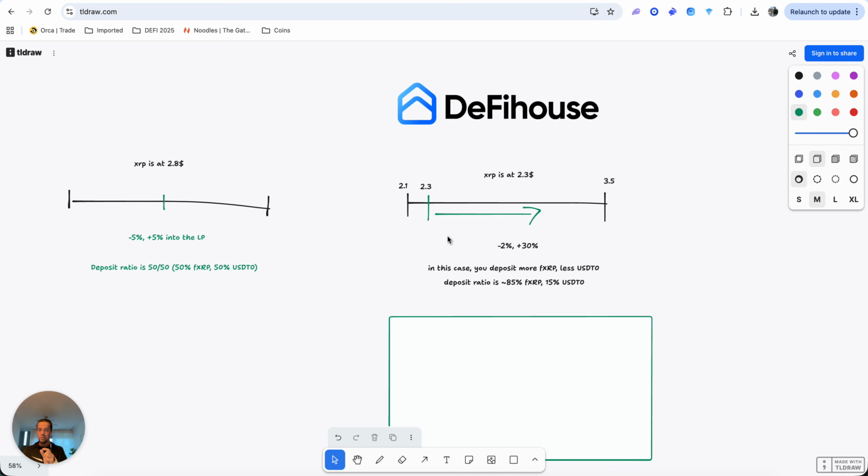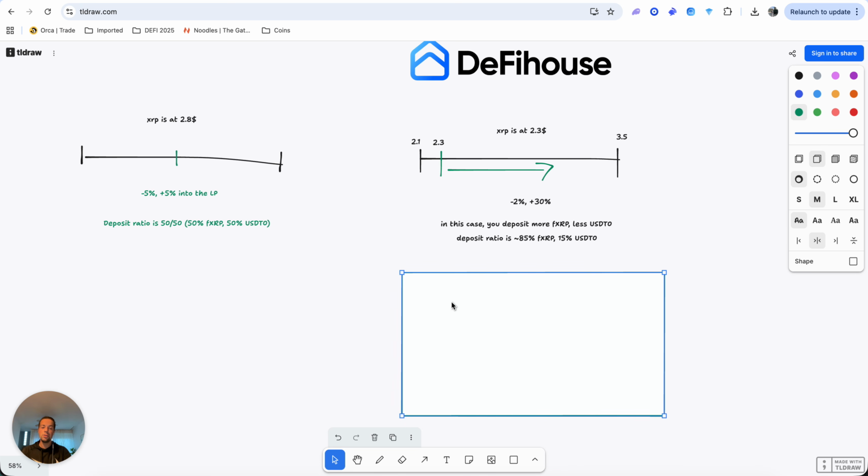Just a bit of downside, more upside, and just keep it running for a while. If it goes out of range from the lower side, you will be fully converted back to Fxrp, so you will have 100% Fxrp. Then what you can do is rebalance the pool, change the range, withdraw the money, and remake everything once again with the lower price, still more to the upside, right? Or you can do vice versa.